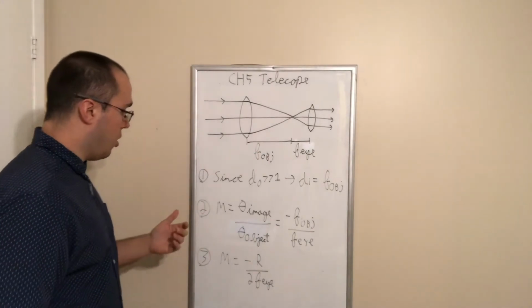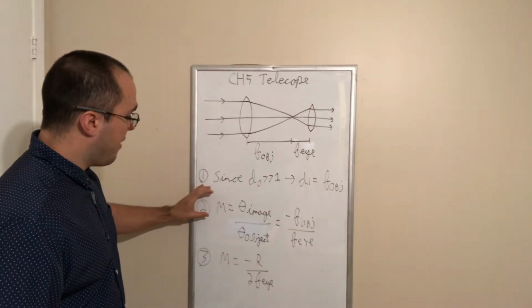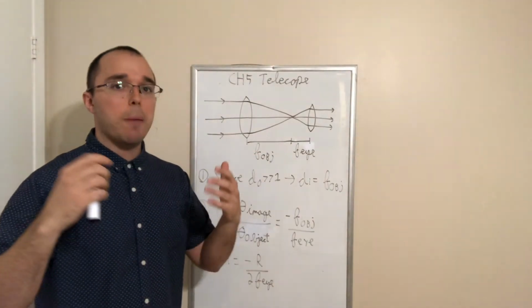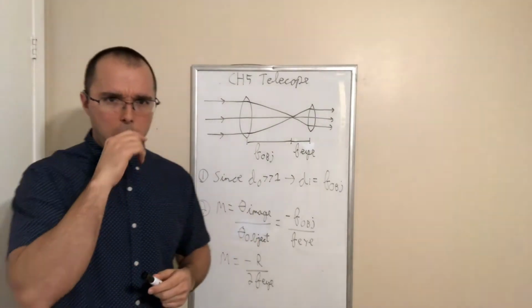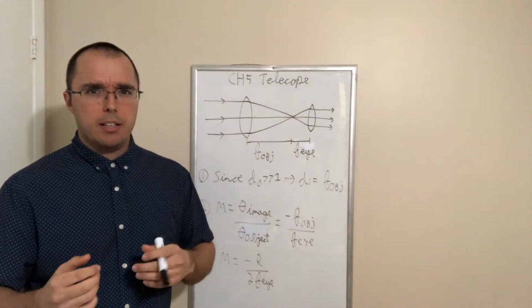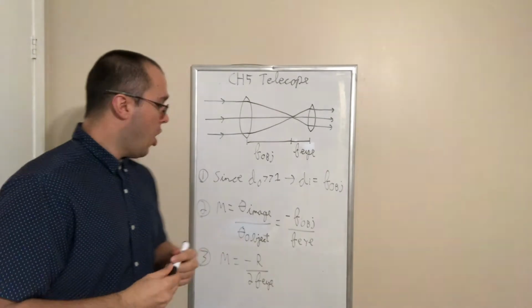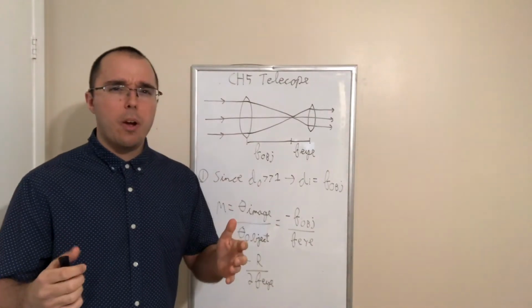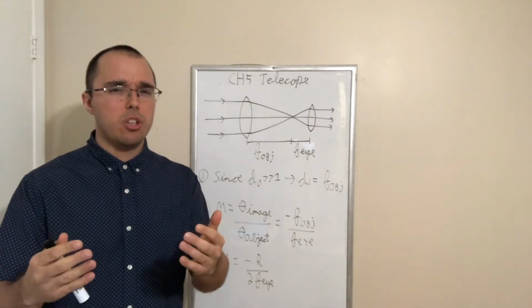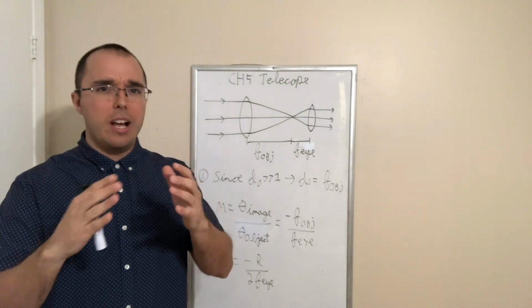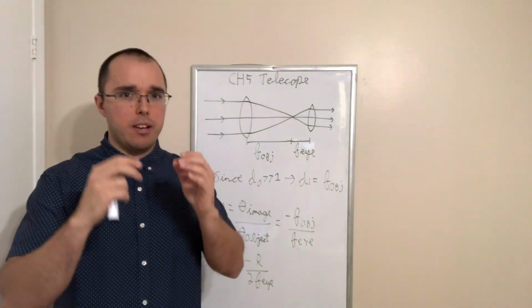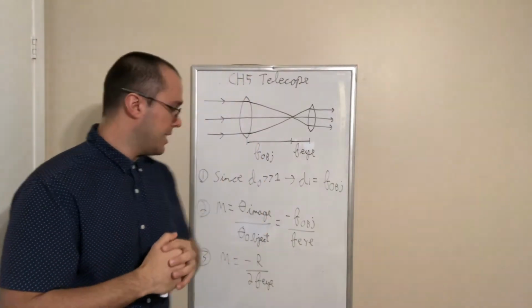Now, we've seen in the notes that we have a simple expression for the magnification. When we talk about objects that are very far away, we don't necessarily know their real size, so it's easier to talk in terms of their apparent angle, the angle they subtend in the sky, for example.